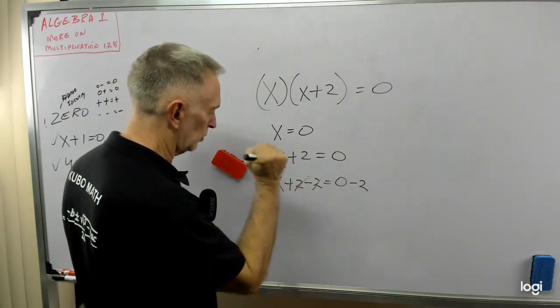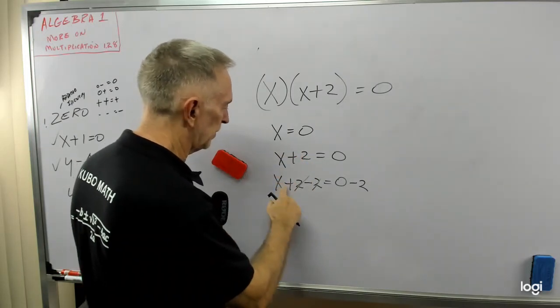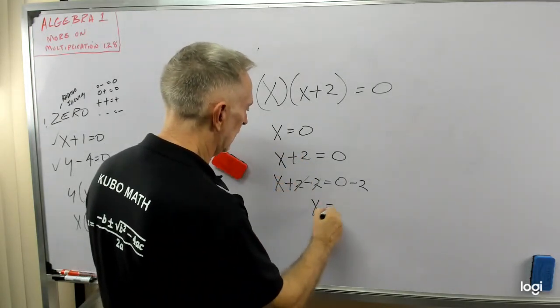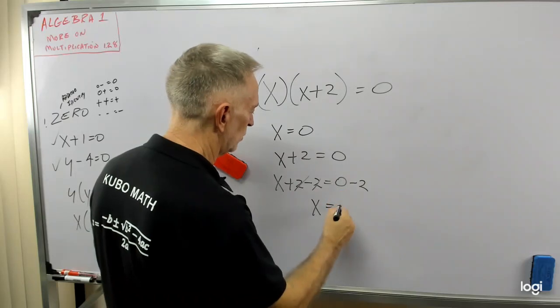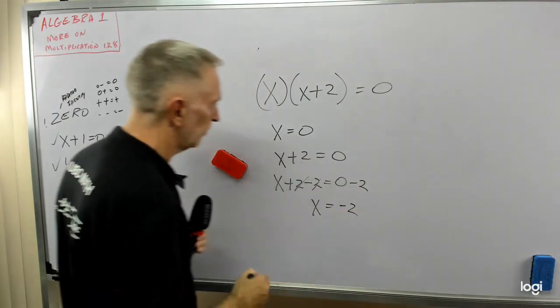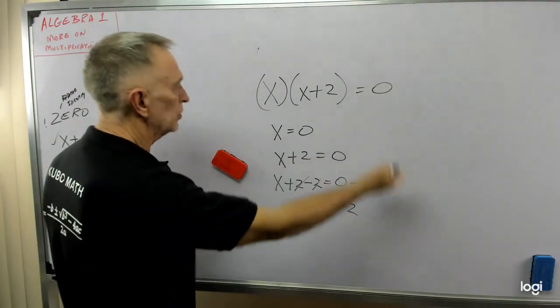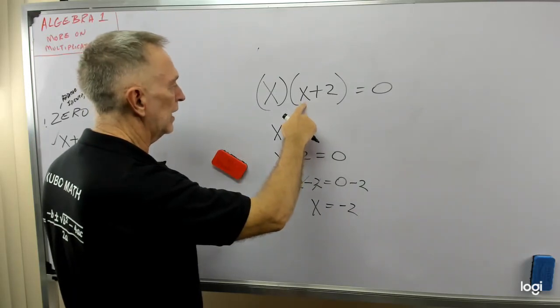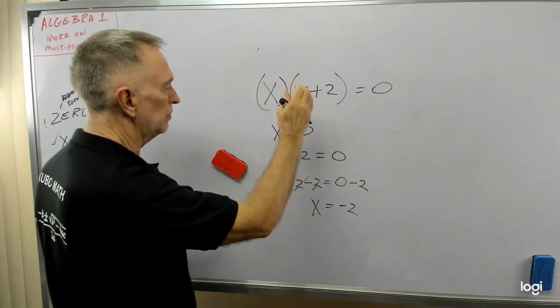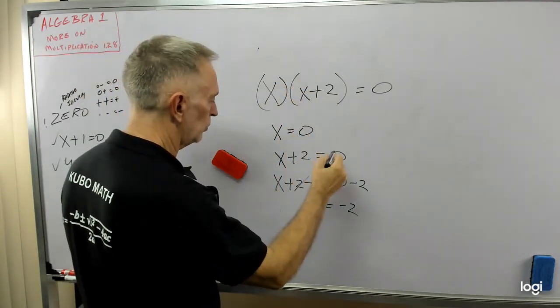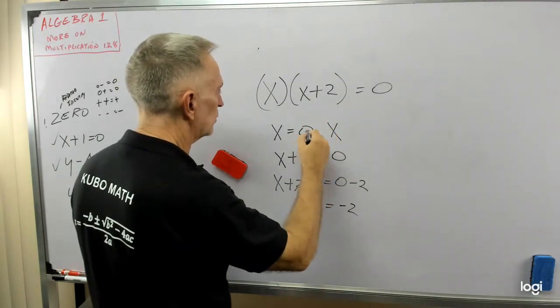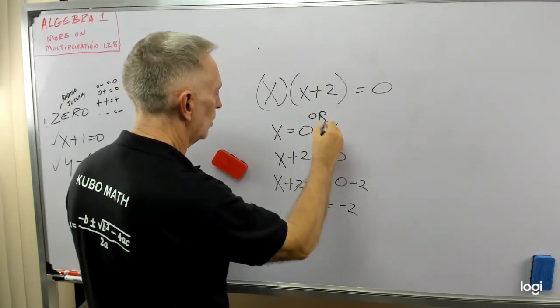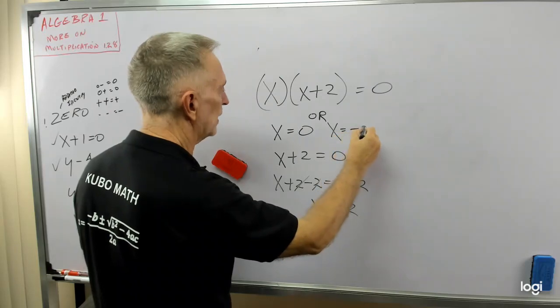That leaves me x equals 0 minus 2, which is a negative 2. If I put the negative 2 back in, negative 2 plus 2 is 0. So my two solutions are x equals 0 or x equals negative 2.